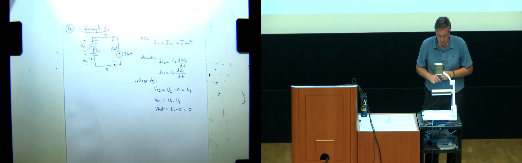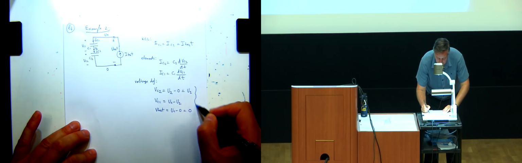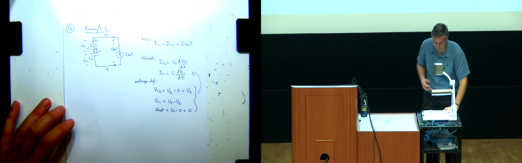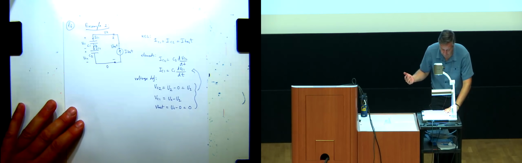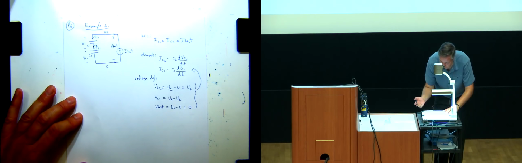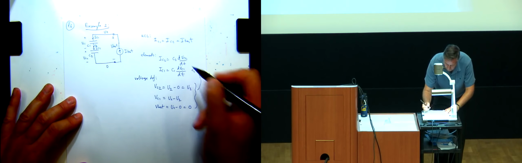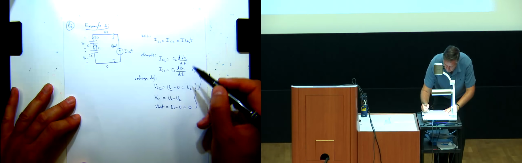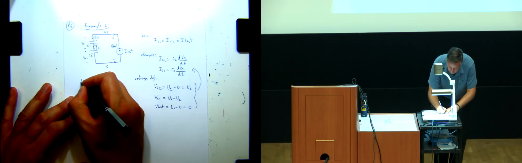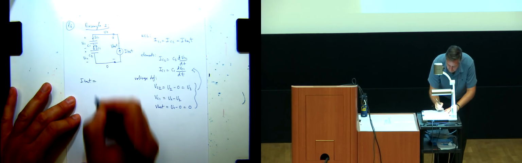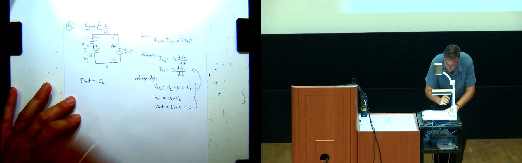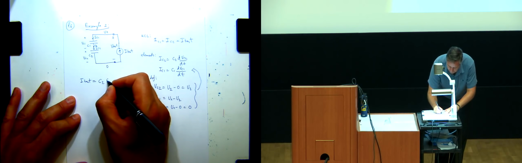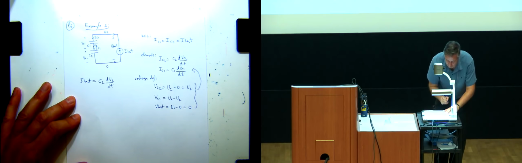Right. So now I'll just take all of these and shove them in these element equations to get the derivatives, right? And so just for the VC2, we get that I test equals C2, and then VC2 is U2, right? So we're going to get dU2/dt.